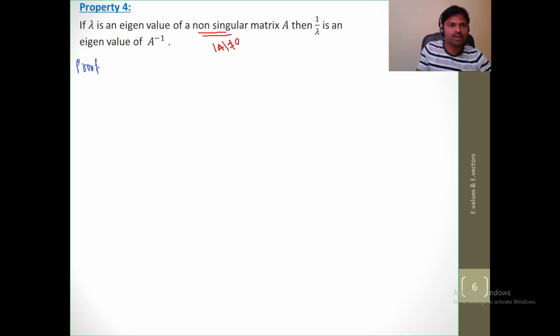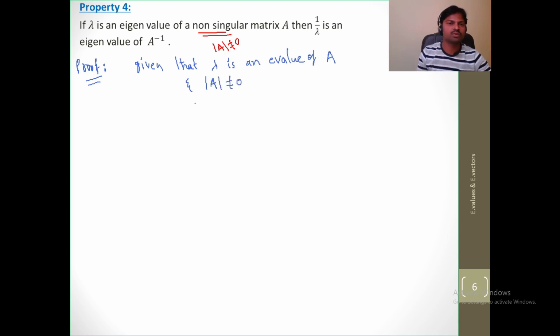This proof is not difficult. Given that lambda is an eigenvalue of A, and A is non-singular, that is, determinant of A is not equal to 0.